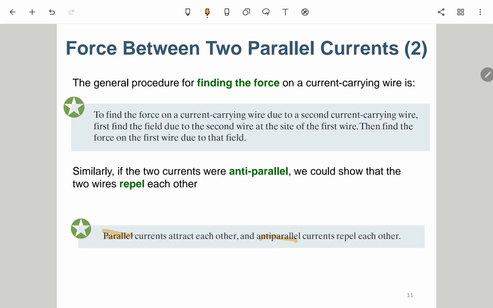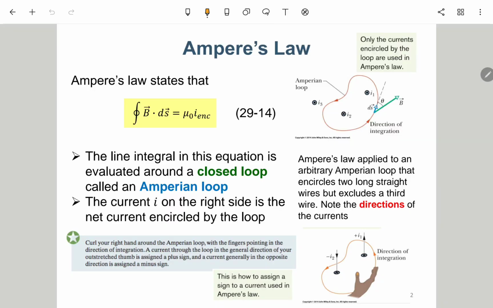Anti-parallel means the wires are parallel to each other and the currents are pointing in opposite directions. The textbook defines the names like this so that we don't repeat the long description, just using a single word to simplify the definition. Here we talk about something called Ampere's law.